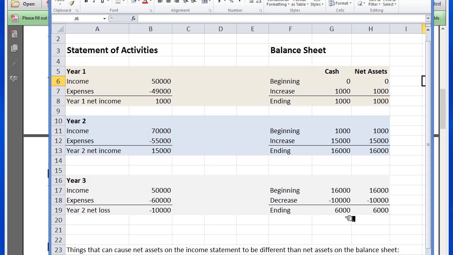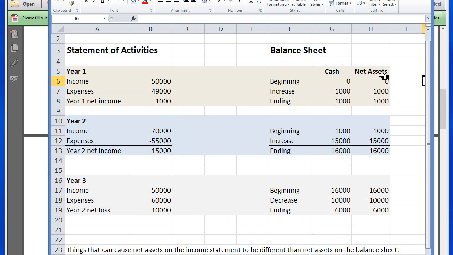So we have an ending cash balance of $6,000. And of course, our net assets decreases by the same $10,000. And we have an ending net assets of $6,000. So as you can see, our net income adds to net assets, and our loss subtracts from net assets.